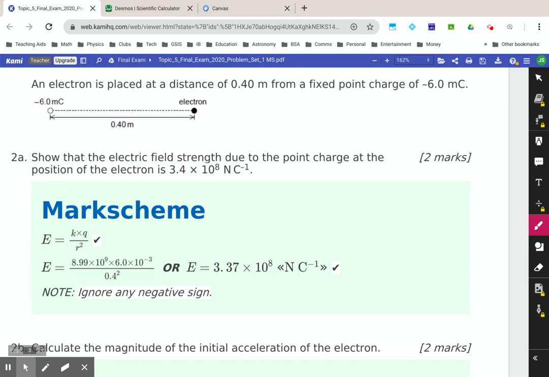Here we're looking for the electric field strength, not the force. This is one of those problems that asks you to show, so the answer is given, and you can see the units of the electric field are newtons per coulomb.